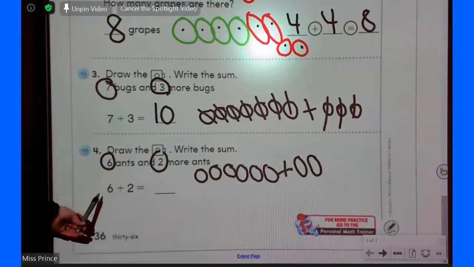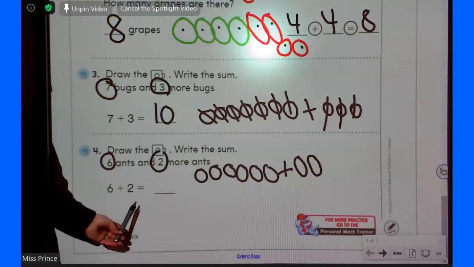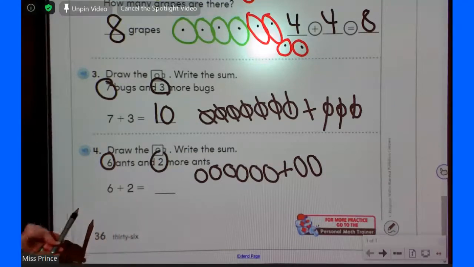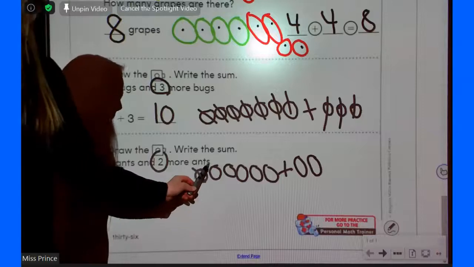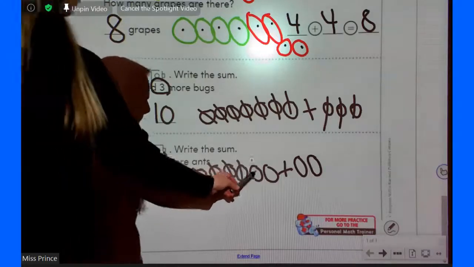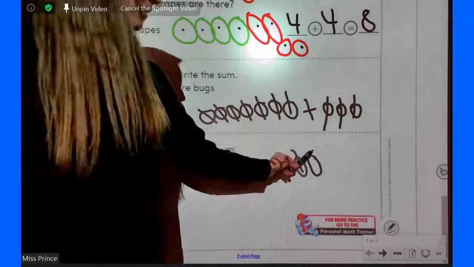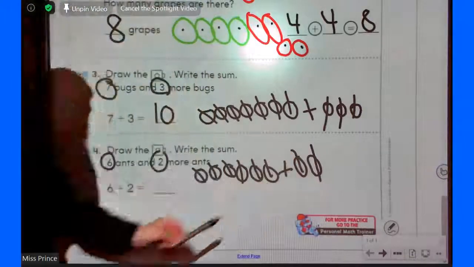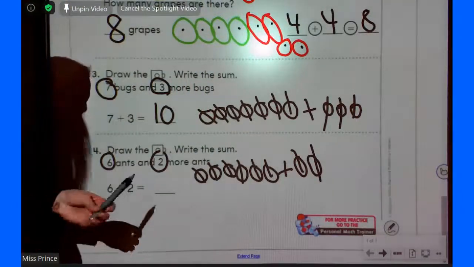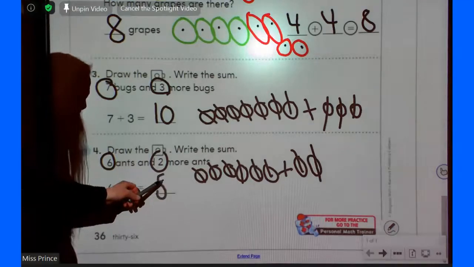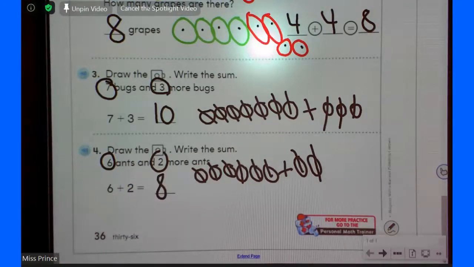So we're doing 6 plus 2. 6 plus 2. 1, 2, 3, 4, 5, 6, 7, 8. So if you said 8, you got that one right. We're going to put an 8 right here. Good job.